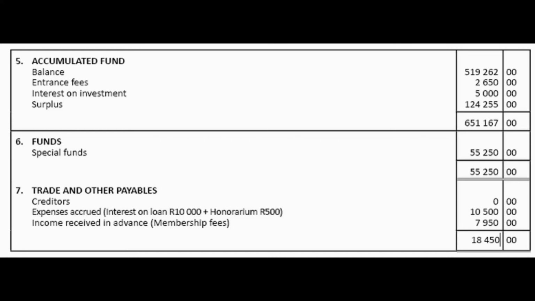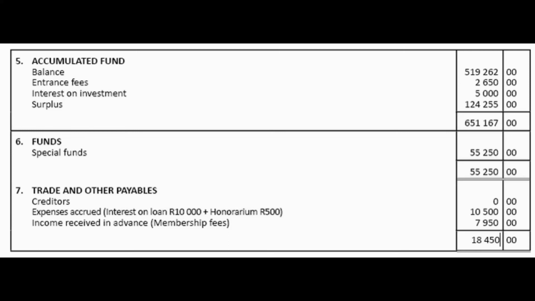Okay. Then we get to trade and other payables. The creditors, there was a balance, but it was being paid during the year. And then we get to expenses accrued. If you look at your expenses accrued account, you will see that there are two amounts on the credit side: interest on loan 10,000 and honorarium 500, and that gives you the total of 10,500.